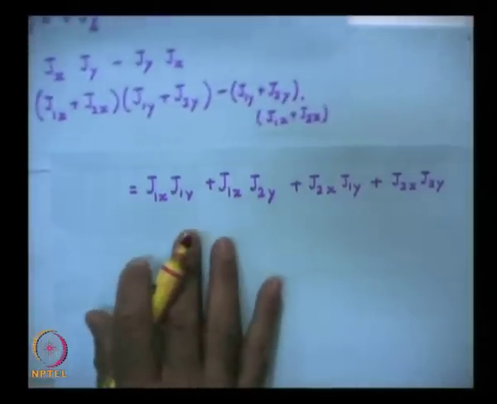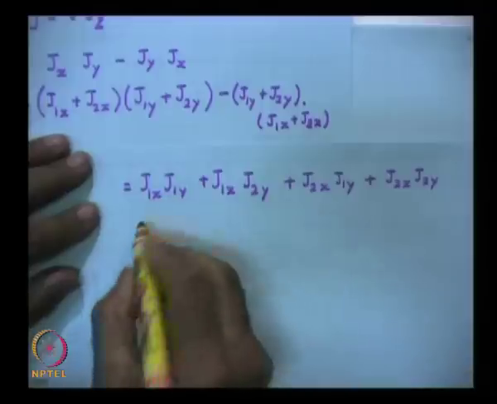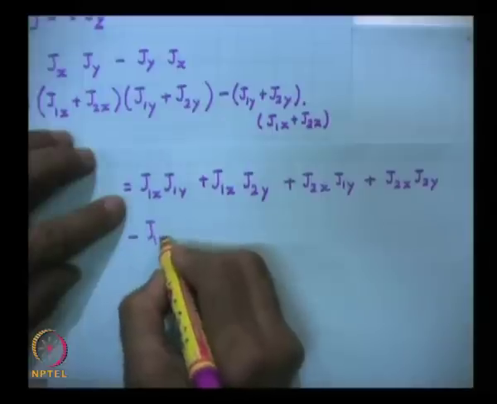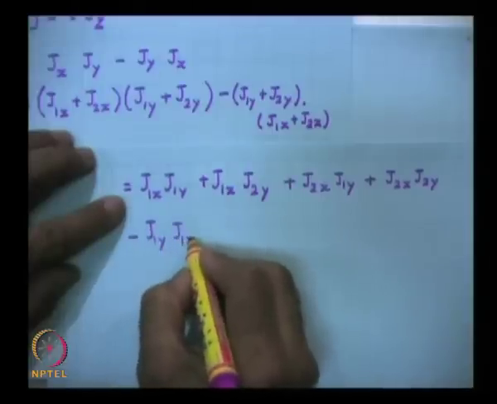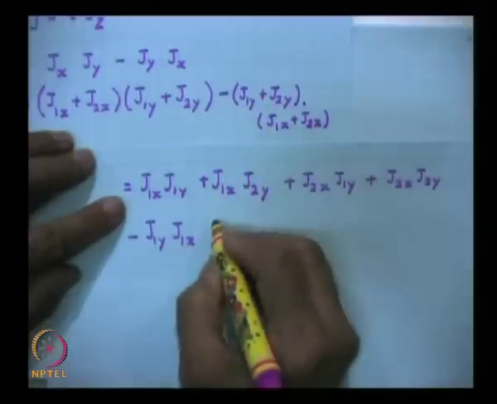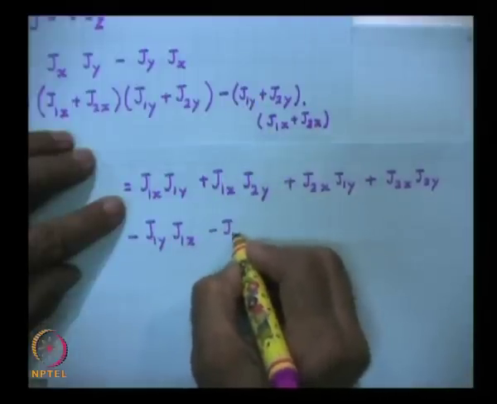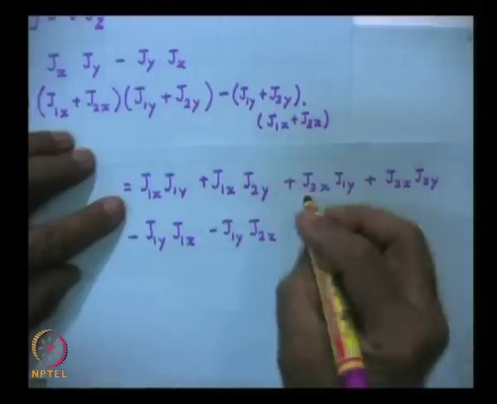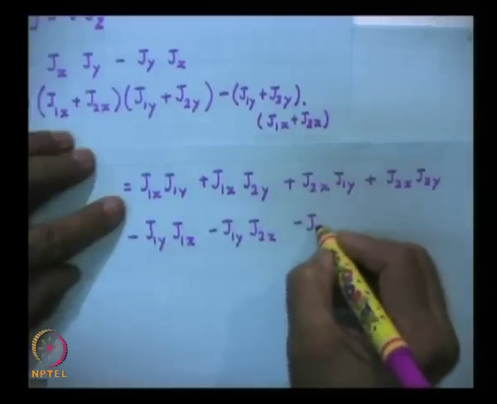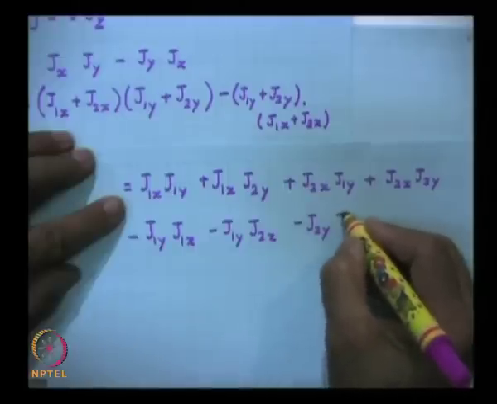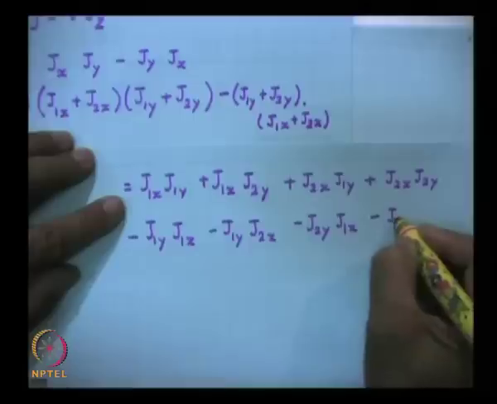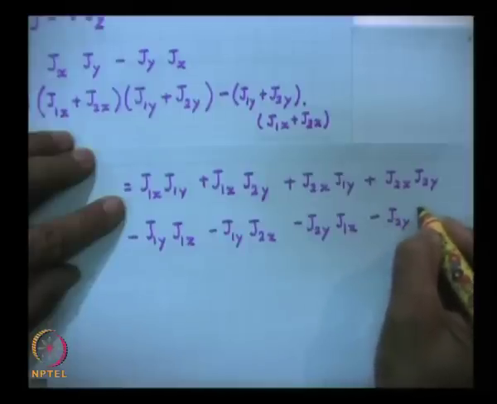And the second term will be minus J1y J1x minus J1y J2x minus J2y J1x minus J2y J2x.